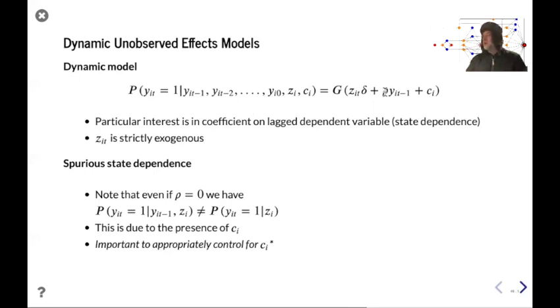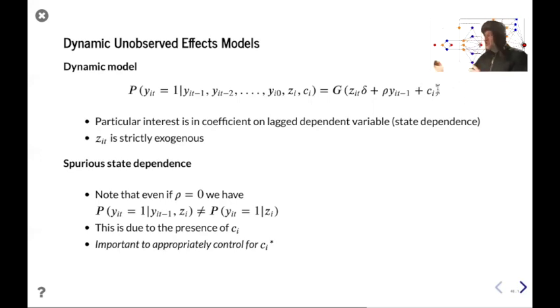If rho here is positive, then just the fact that we were in the labor market last period makes it more likely that you're going to be in the labor market next period. That's state dependence. Whether you're in the state y equal to 1 depends on whether you were in the state y equal to 1 in the last period.